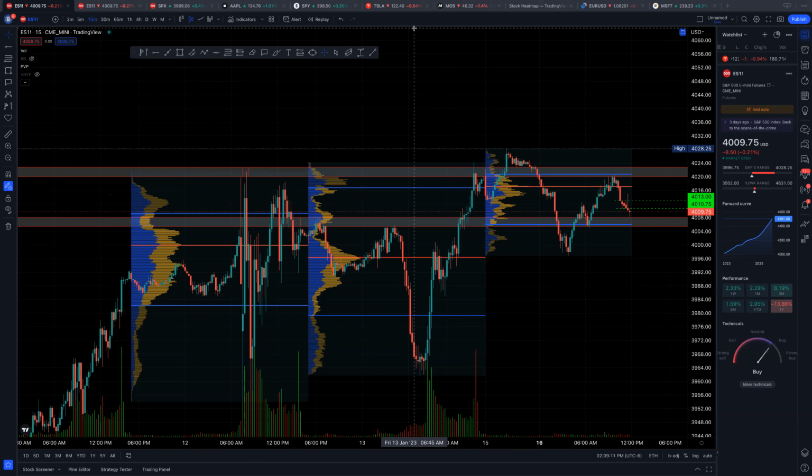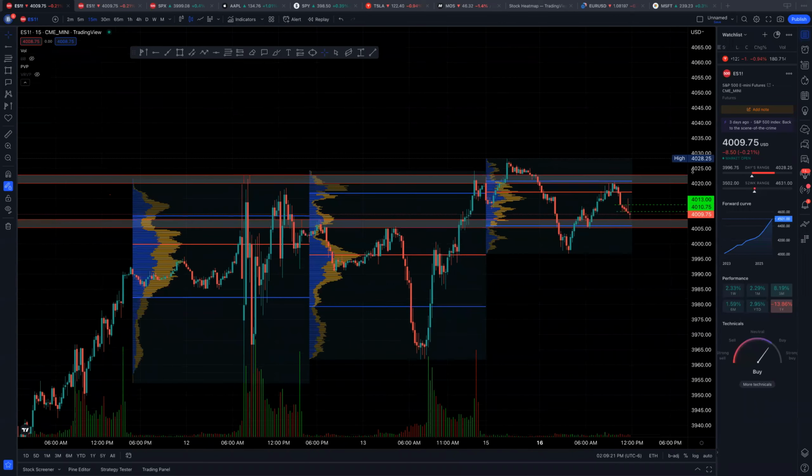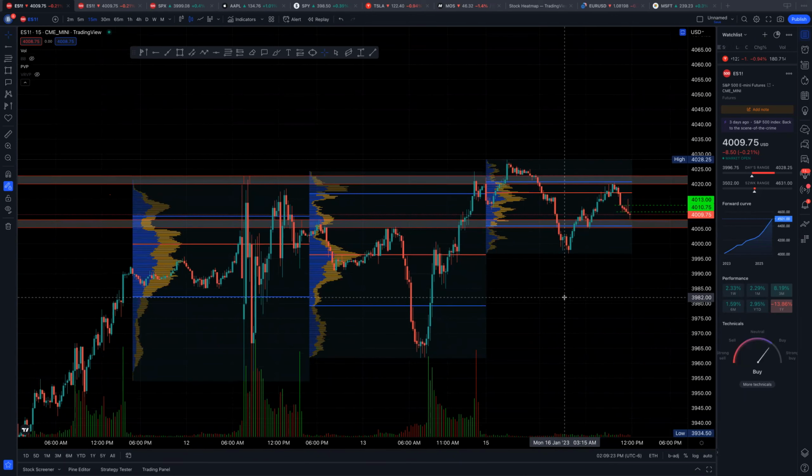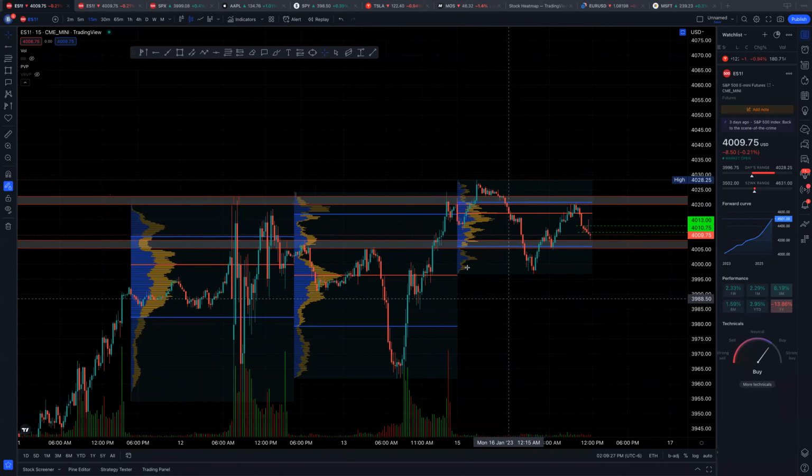I want to show you everything I know about the volume profiles and how I use them. And for the next lesson, I'm going to show you how to use the volume profiles based on where we opened. For example, here, the price closed up there, but I don't care about the price closing up there.